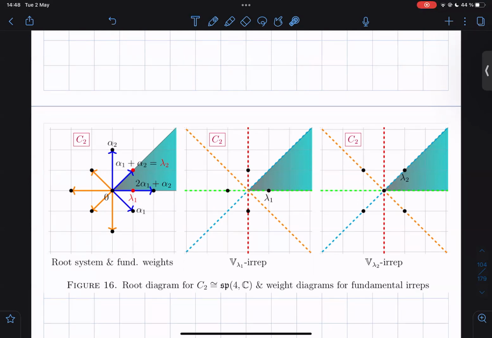Here for V lambda 2, we start with this guy. It's a dominant integral weight, so lying in the boundary of the fundamental Weyl chamber. We start taking reflections. So here gives this one, here gives this one, here gives this one. So we get an orbit of size 4 on the outside.